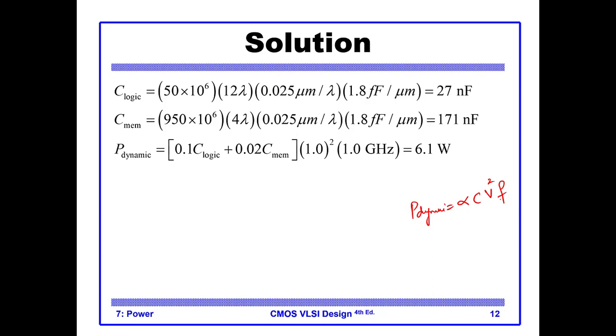Let's first calculate the total capacitances. This is the capacitance for logic, and we said that we have 50 million logic transistors, each with a width of 12 lambda, manufactured in the 25 nanometer process.